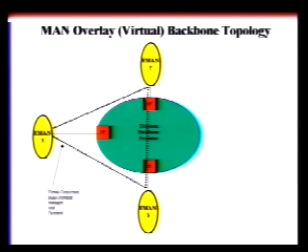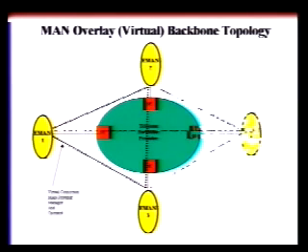But the problem is there's an operational cost. It's the old N-squared problem. Right now I have 3 cities. I bring in the 4th city and I have to provision the border routers in every one of those EMANs, or Ethernet MANs. I have to provision them with layer 3 topology information. So I'm still running a virtual backbone.